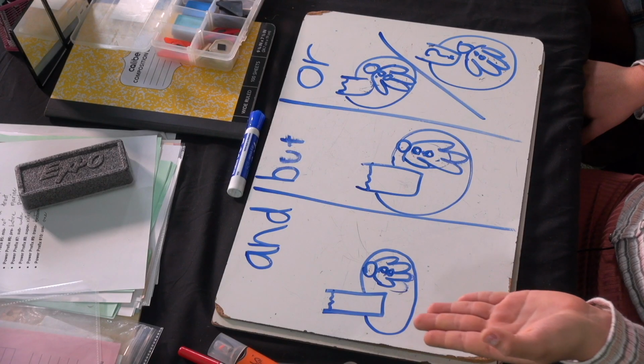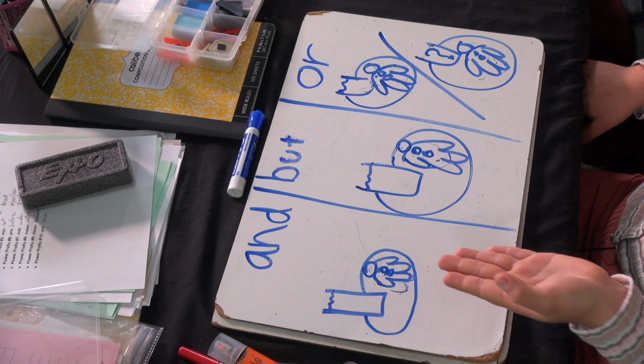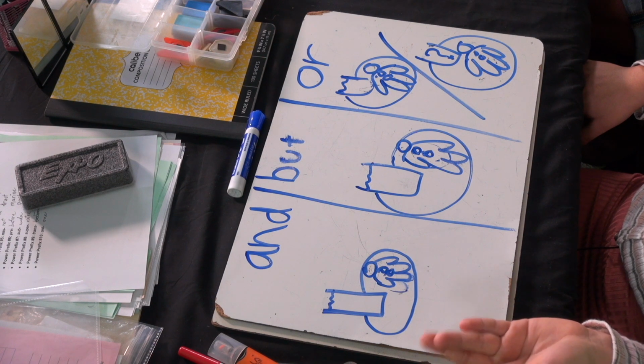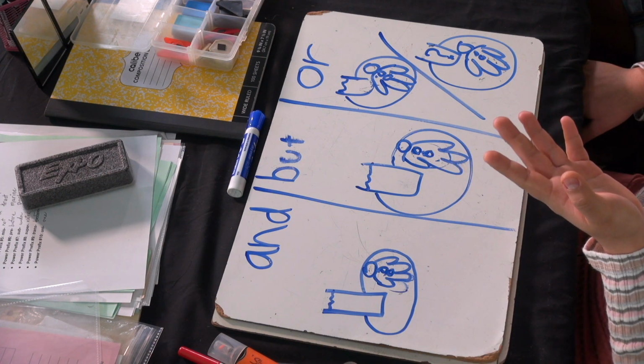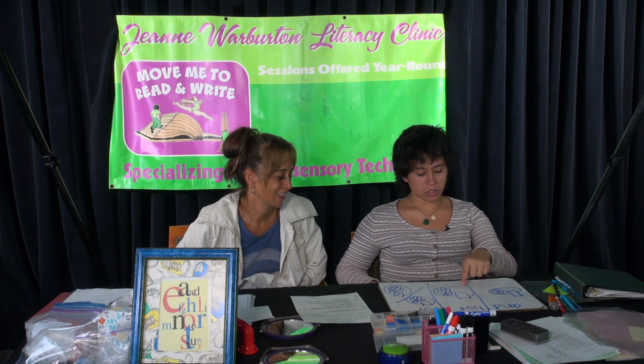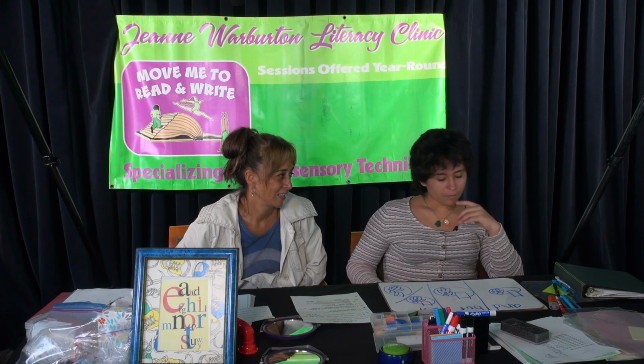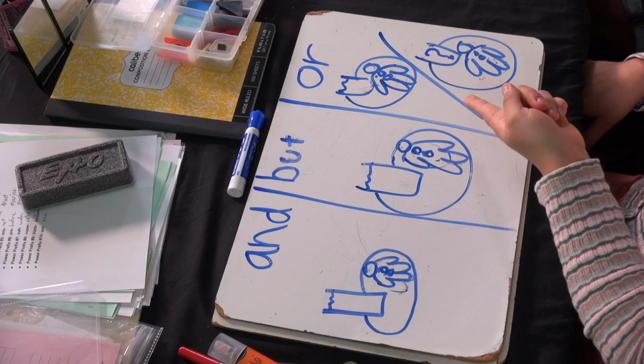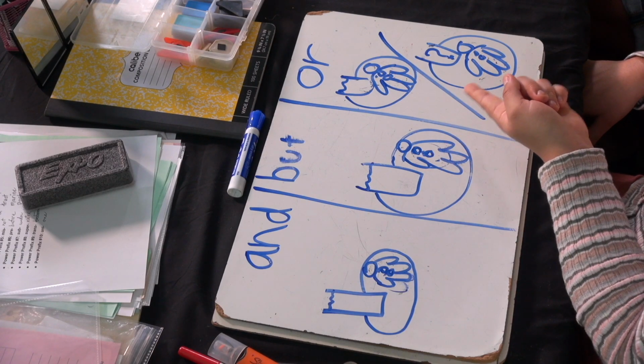We have milk and cookie, showing their pair. I could do "or" first. Cookie with milk or cookie without milk.